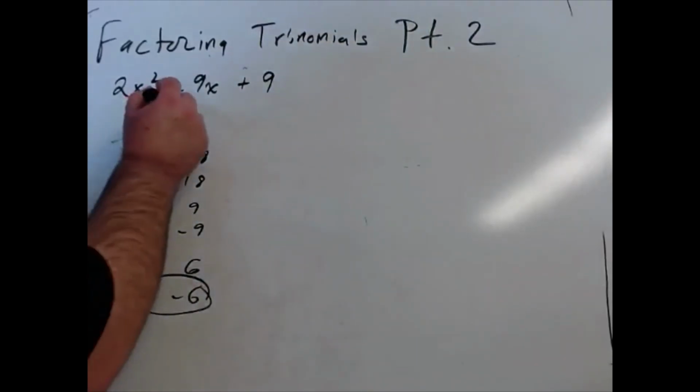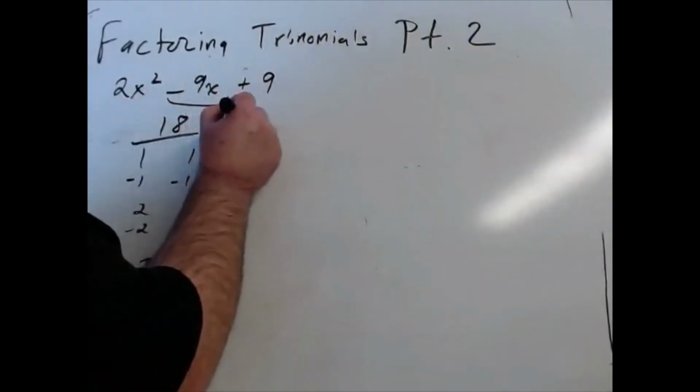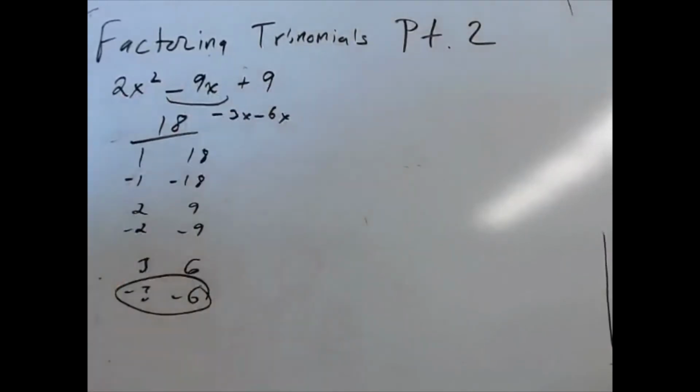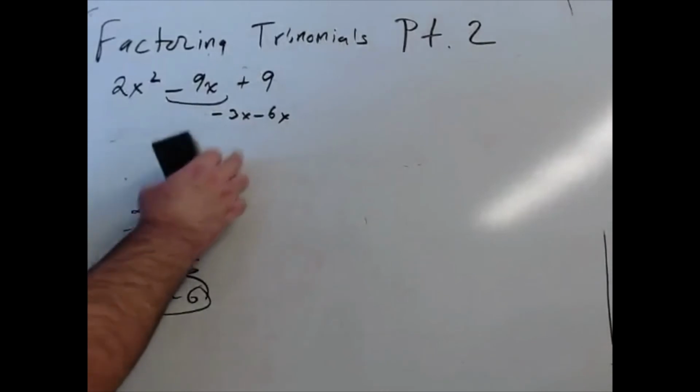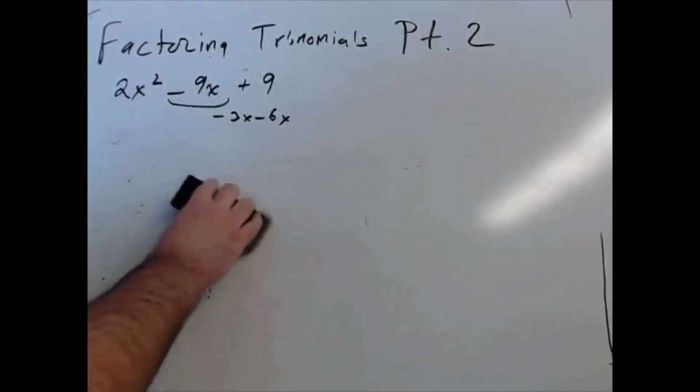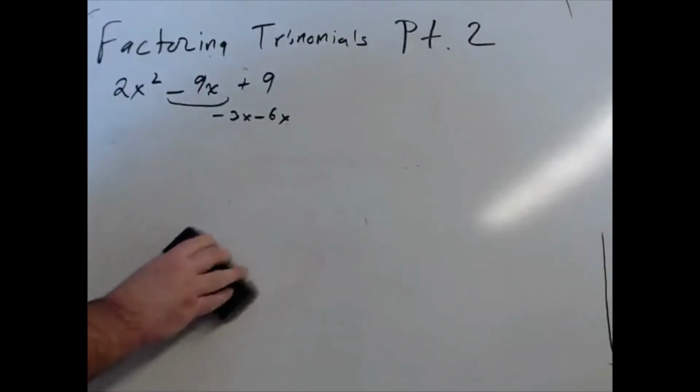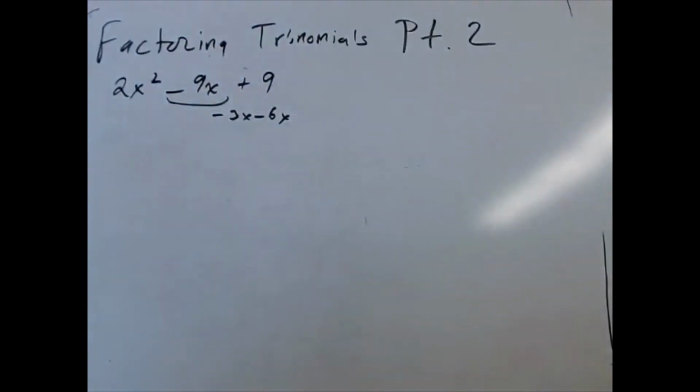So I'm going to be taking this term and writing it as negative 3x minus 6x. And remember, the order of these two terms doesn't really matter, because they're both negative, so that means when I go down through the process here, my third term will be negative anyway.